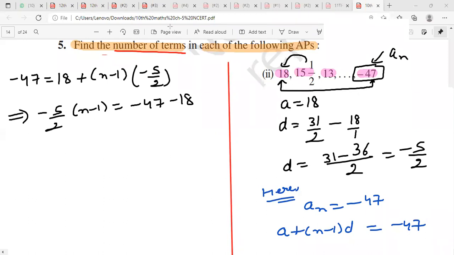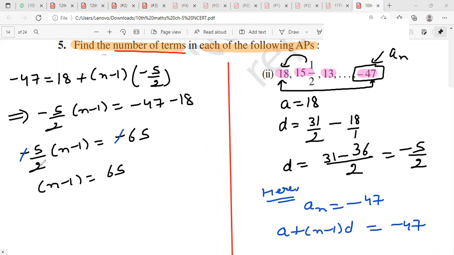Then it can be written as minus 5 by 2 within bracket N minus 1 equals minus 47 minus 18, that is minus 65. Now, minus and minus will cancel out. What will we have now? N minus 1 is equal to 65 times 2 by 5.